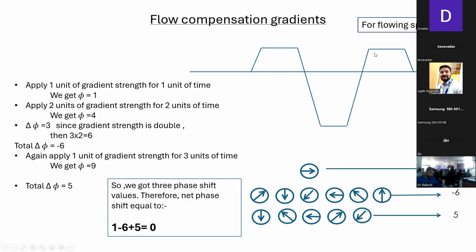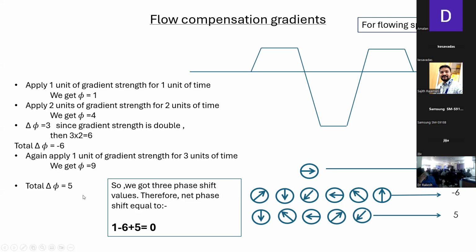Again, we come to the third lobe, which is similar to the first lobe, a positive one. So our time is 3. 3 square will be 9, and the difference between the previous phase value 4 and the current phase value 9 is 5. So our total delta phase will be 5.